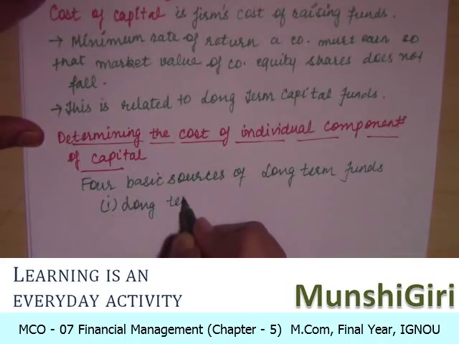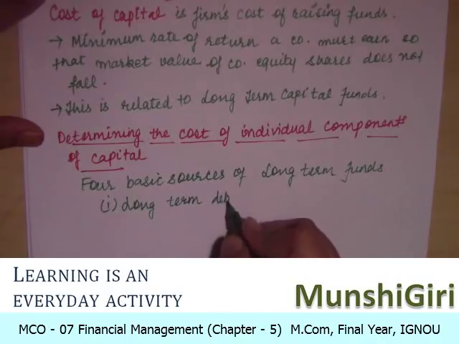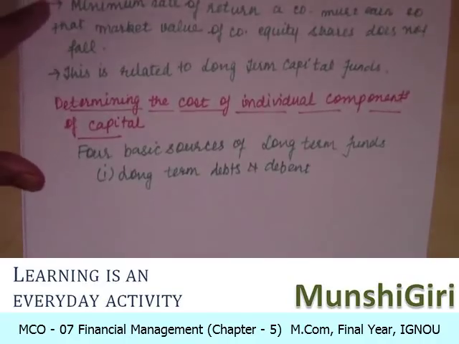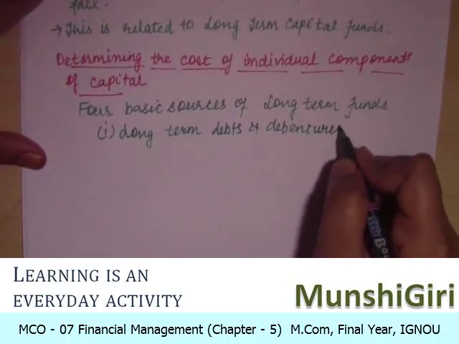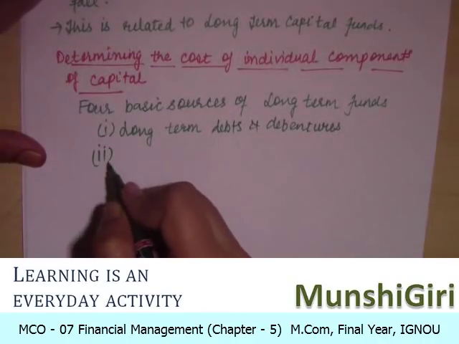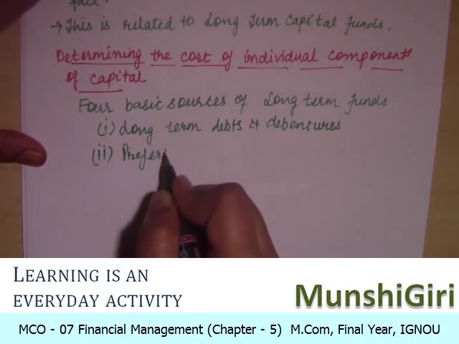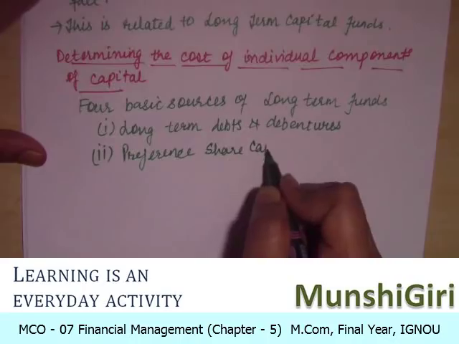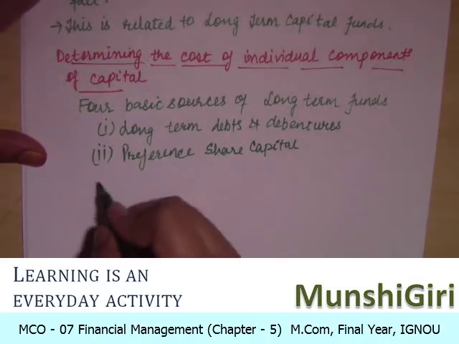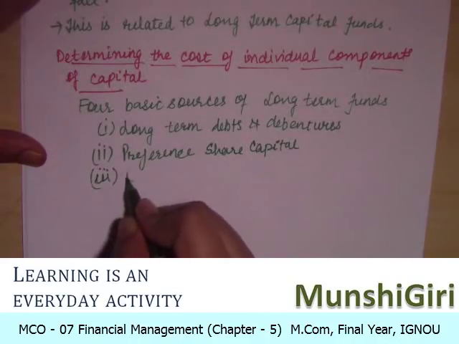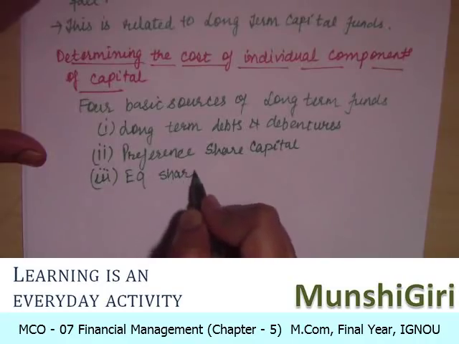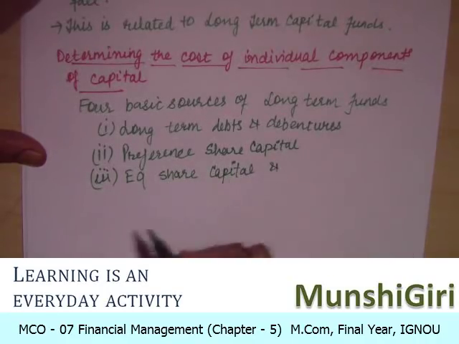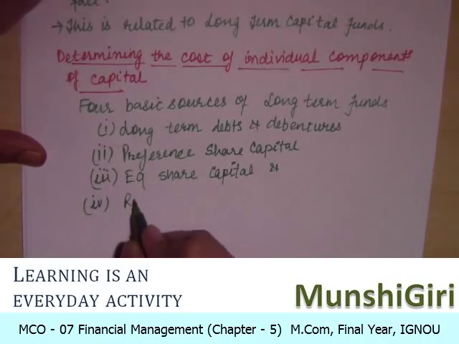Long-term debts and debentures, preference share capital, equity share capital, and the 4th one being the retained earnings.